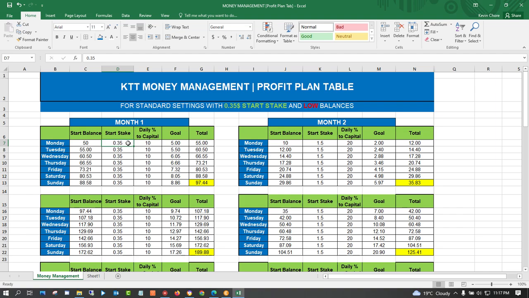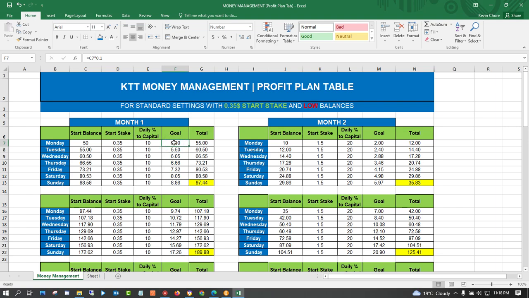You can have less than 0.5, because this is the minimum stake that you can trade with on Deriv.com. So this is the minimum, and our target is a daily 10% of our capital. This is our starting balance, and our daily target is 10%. So 10% of $50 will be $5.